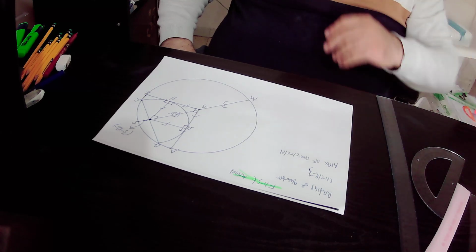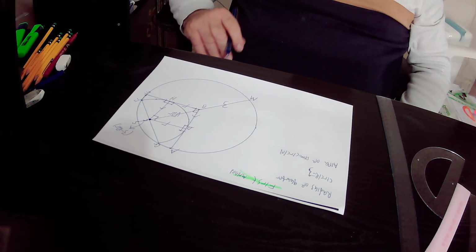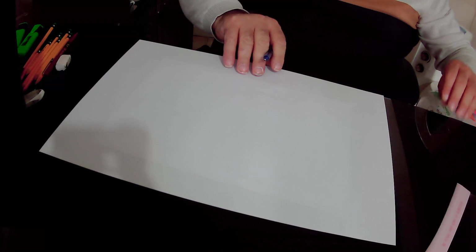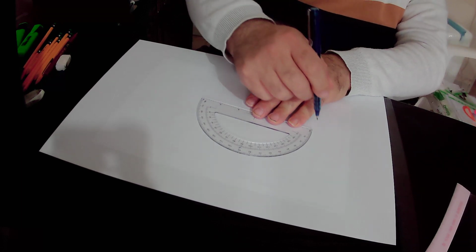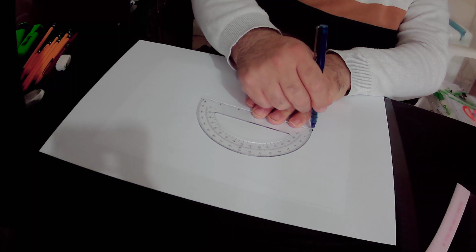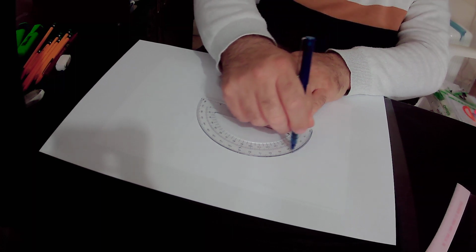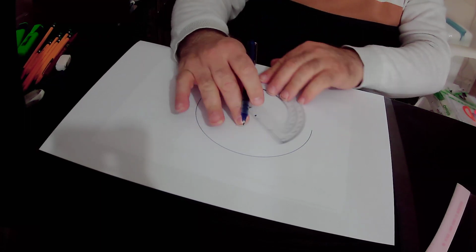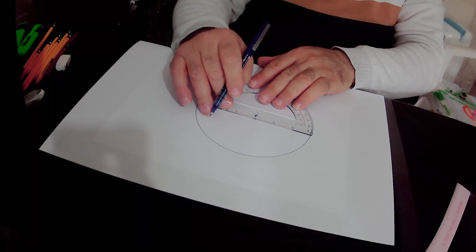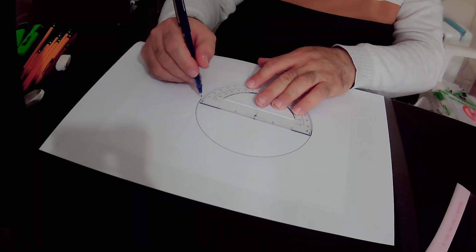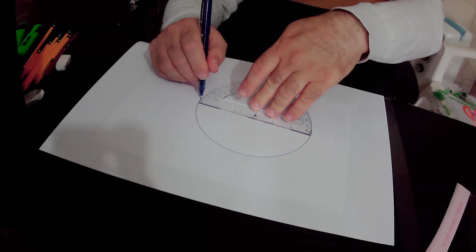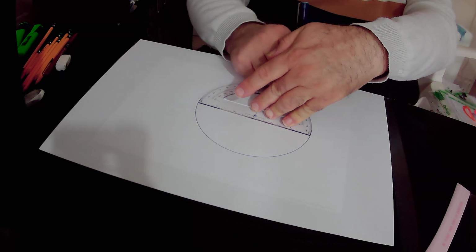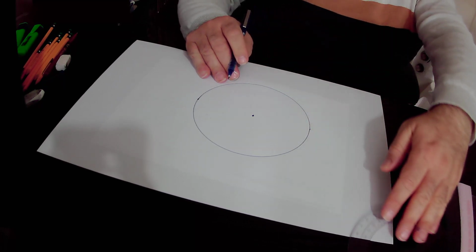And we actually have a new rule. When you have two chords that intersect with each other inside a circle, I repeat again, when two chords intersect with each other inside a circle, here we have this circle.